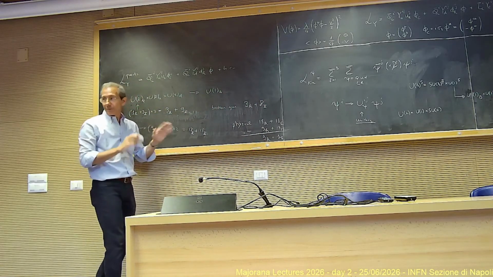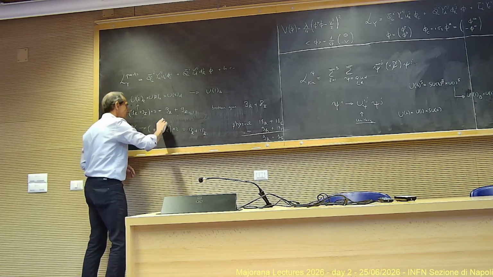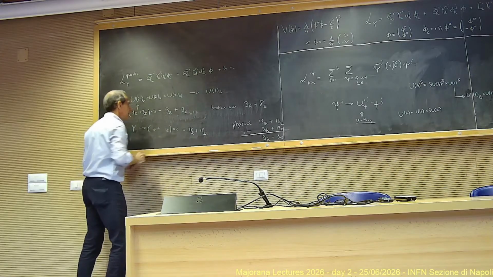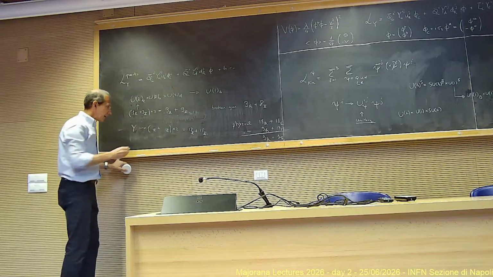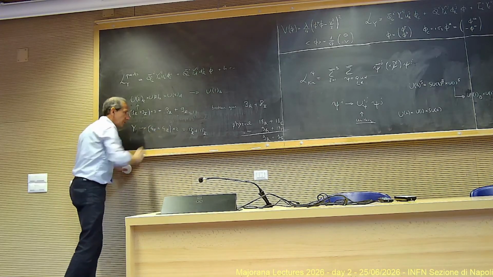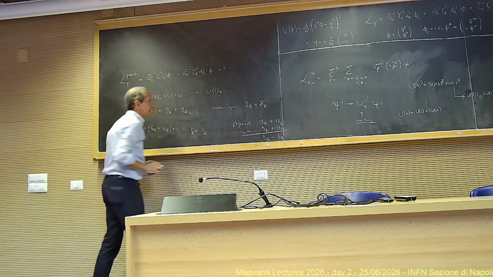Sorry, again, this is very bad to cancel. What the Yukawa would have in a 2x2 is a 2x2 matrix, so it's 4 plus 4, which makes 8 plus 8.